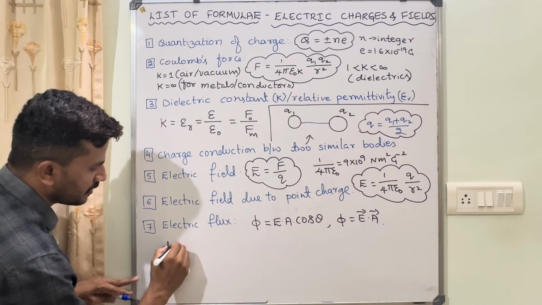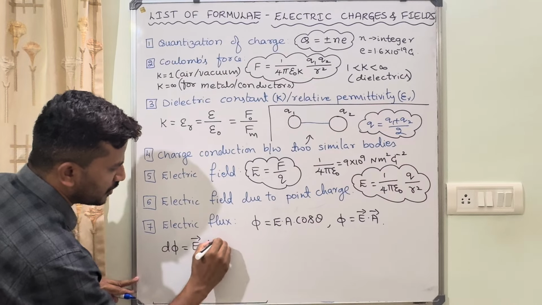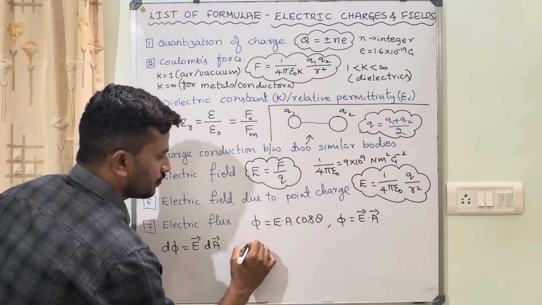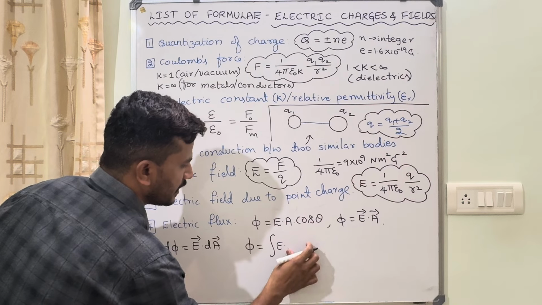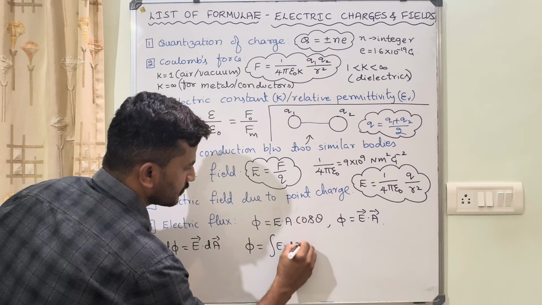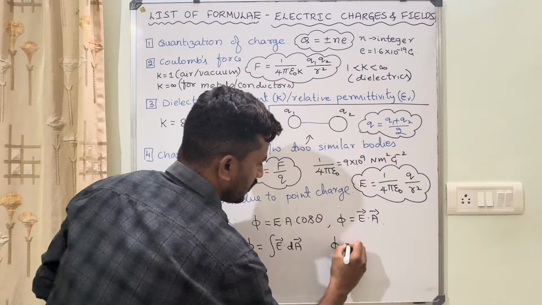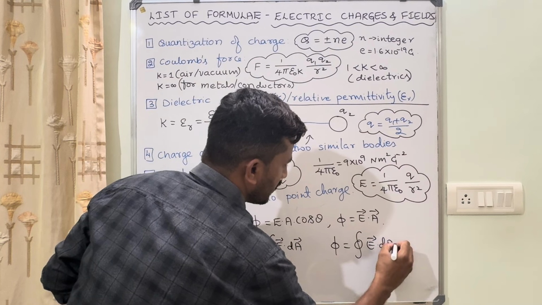That is given by d phi is equal to E dot dA, differential form. Sir, what about integral form? Phi is equal to the integral of E dot dA.